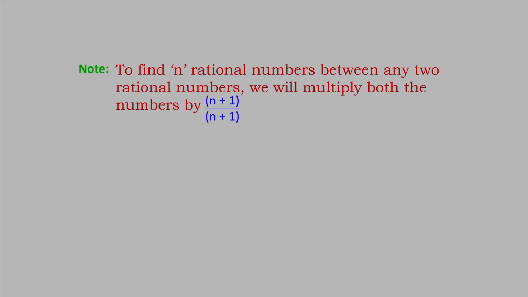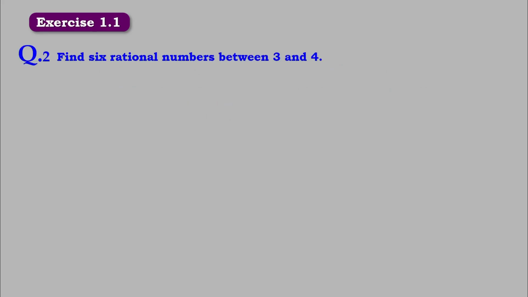Note: to find n rational numbers between any two rational numbers, we multiply both the numbers by n plus 1 by n plus 1. So now let us take a look. Find 6 rational numbers between 3 and 4.